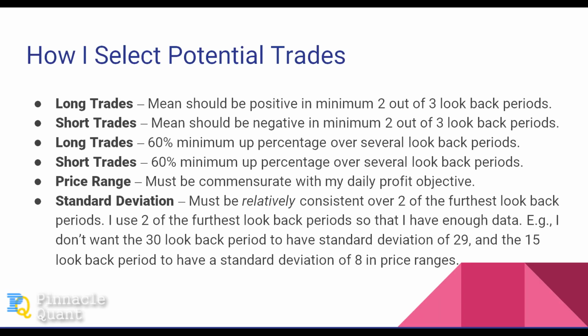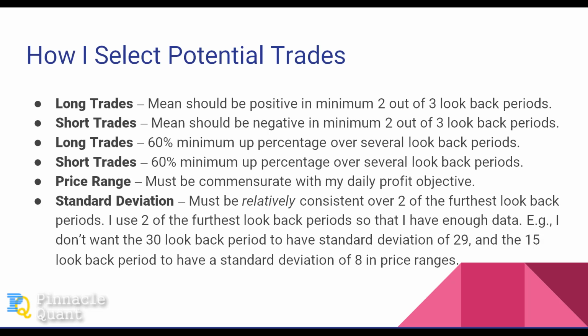If I'm looking for long trades, I want the mean, the sum average, to be positive. If I'm looking for short trades, I want the mean to be negative. You've probably heard of the adage stairs up, elevators down when it comes to trading, meaning price climbs up slowly but crashes hard.